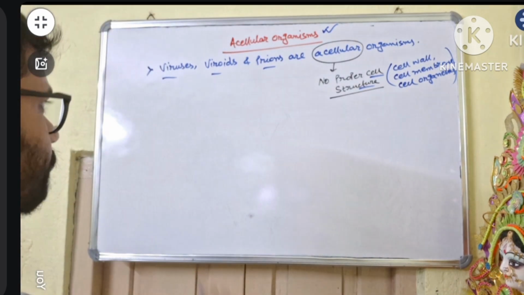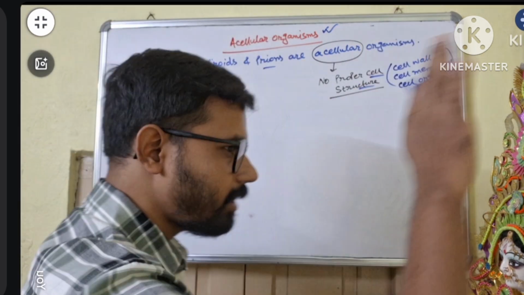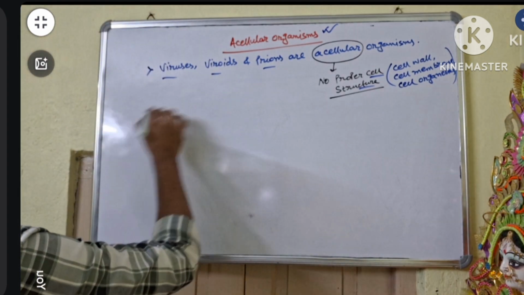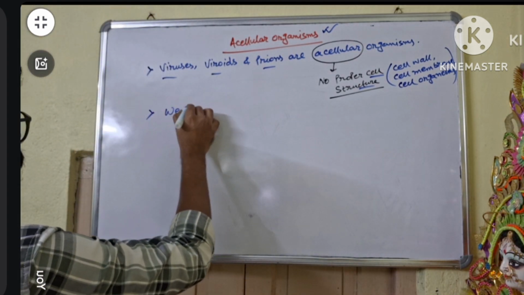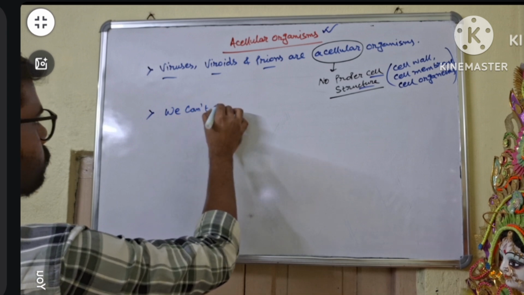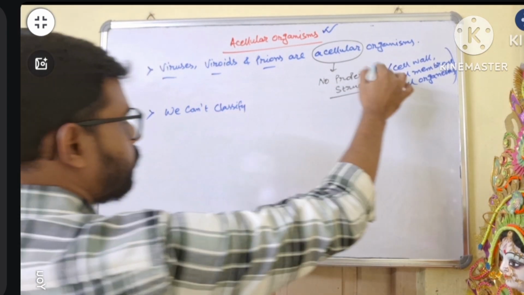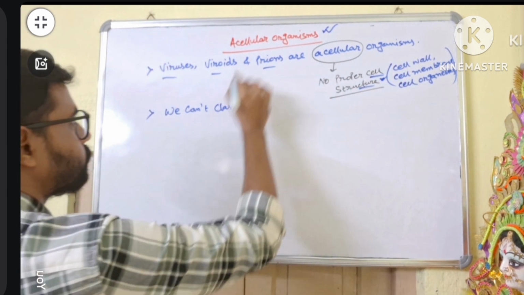So these organisms are left aside as acellular organisms. We cannot classify them into any classification model because of the acellular property.